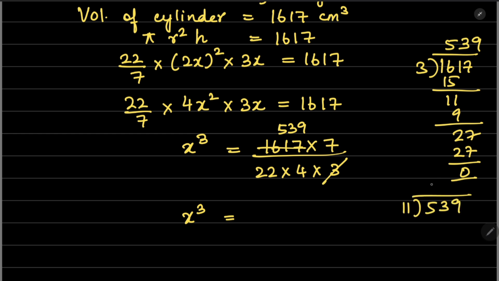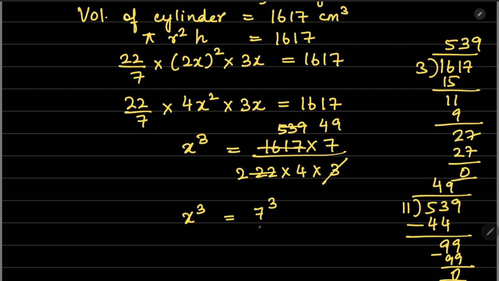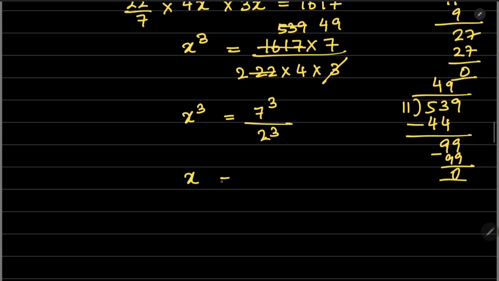You have 11 4s are 44, the remainder is 9, 99. 9s are 99, 11 into 9. So 11 into 2 and 11 into 49. Okay, so here x cube is nothing but, 49 can be written as 7 square into 7. So 7 cube divided by 2 cube. 2 into 4, 8. So it is 2 cube. So x is equal to 7 by 2.